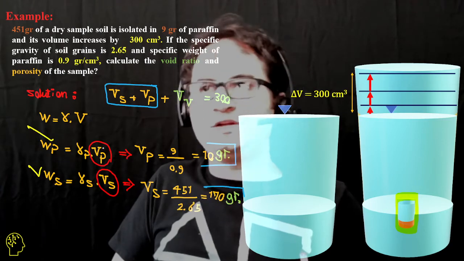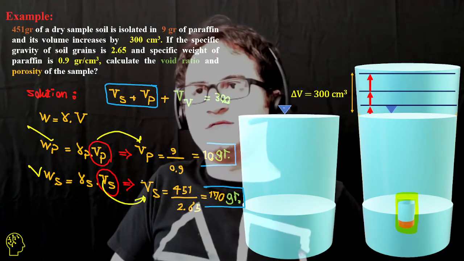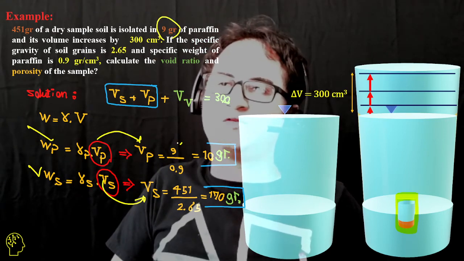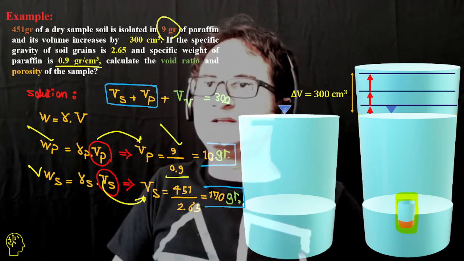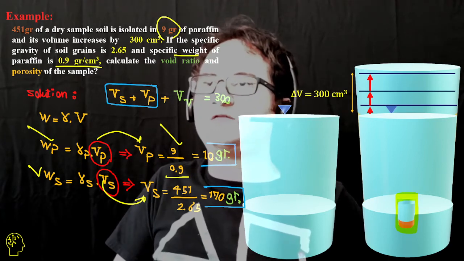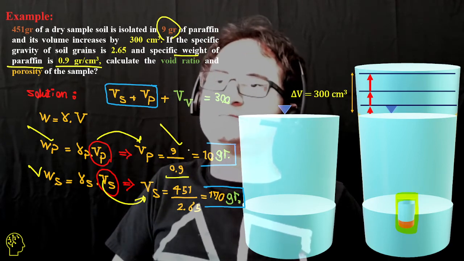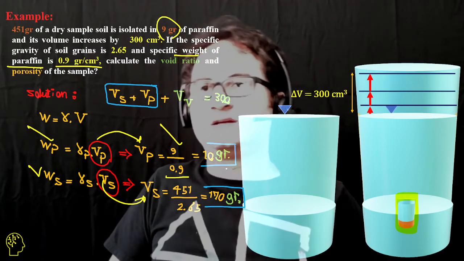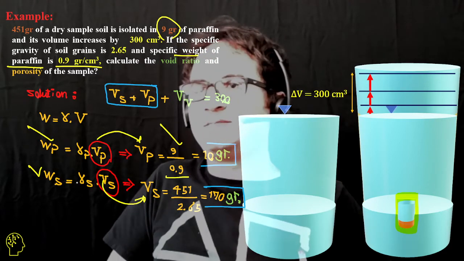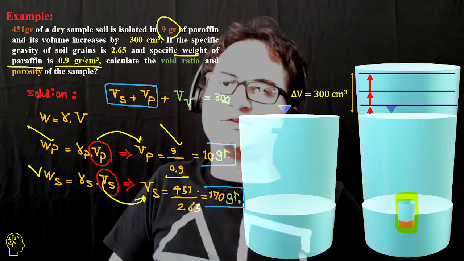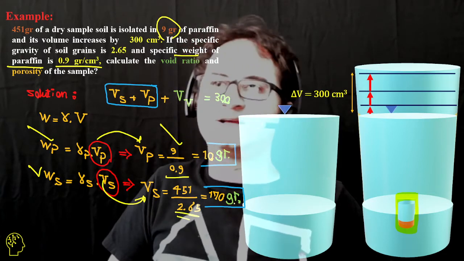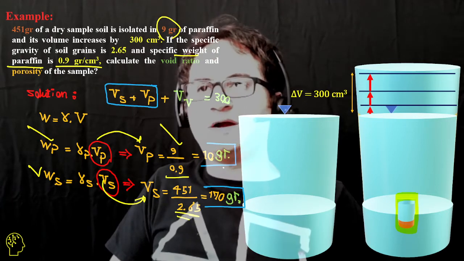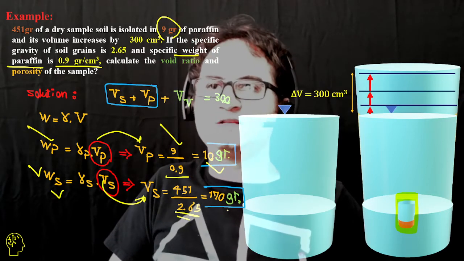If we rewrite the equation based on volume, we get the volume of paraffin as 9 over the specific weight of paraffin, 0.9, so that's 10 centimeter cubed. And likewise for soil, 451 over Gs, 2.65, gives us a volume of paraffin of 10 and a volume of soil of 170.